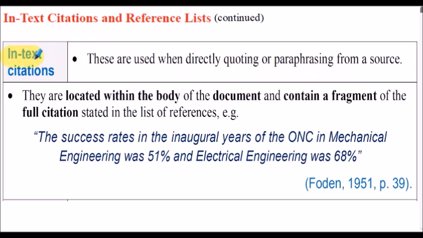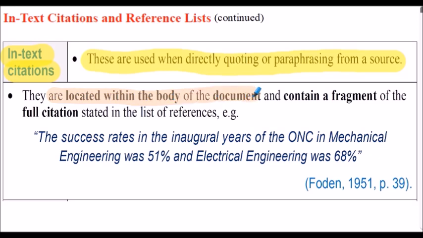So in-text citations, these are used when directly quoting or paraphrasing from an information source. They are located within the body of the document being produced and contain a fragment of the full citation that would be stated within the list of references. So I'm just showing a verbatim quote.